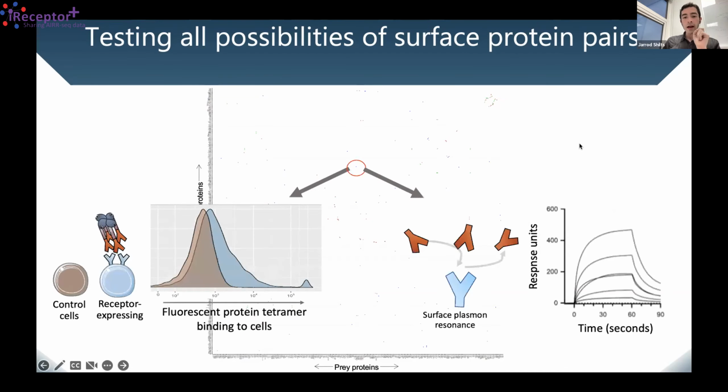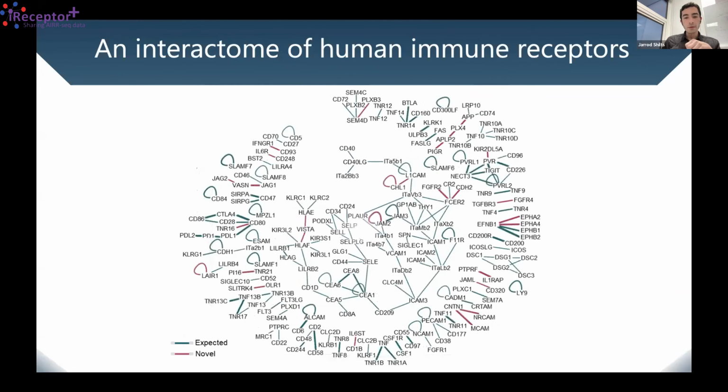For every novel interaction that came out of this, we then had several layers of validation, say repeating it in different formats, doing cell-based assays, doing assays like SPR to get a more quantitative sense of its binding. Through all this meticulous process, we were then able to assemble this, which is our final schematic depiction of the interactome of human receptors.